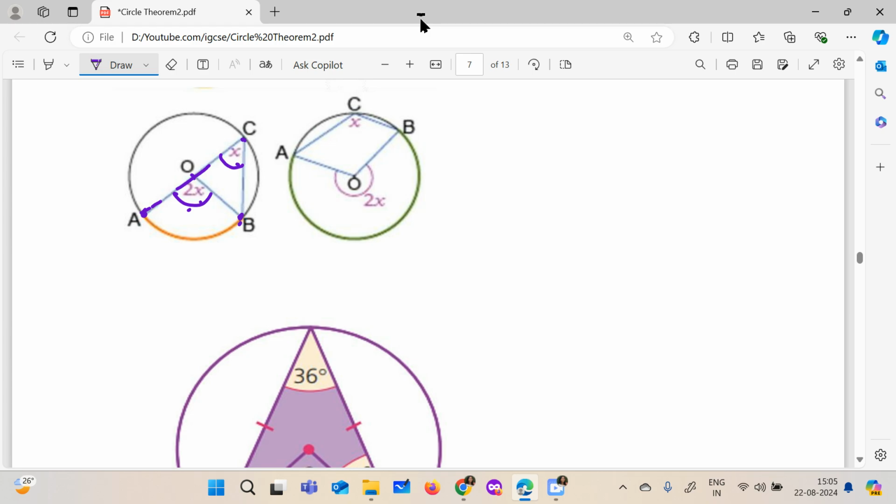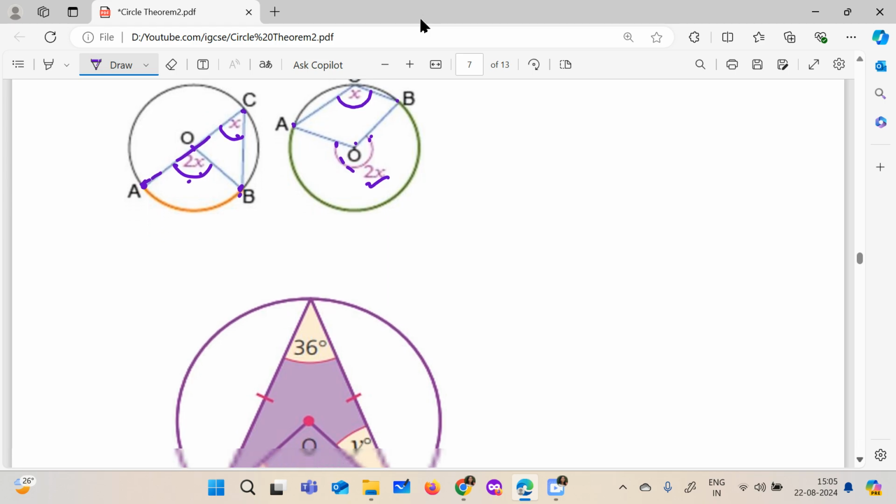Now, here from points A and B, a reflex angle is marked. So you have to be careful here. This is your reflex angle, the angle at the center, 2x, and then this is the angle on the circumference, which will be half of this one. Is this clear to you? Okay, now let's see some problems based on this.